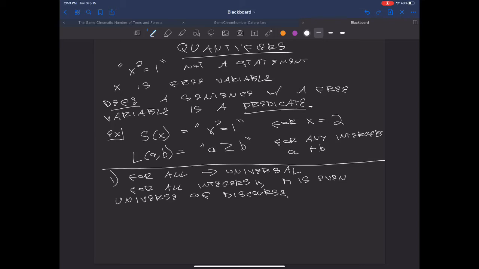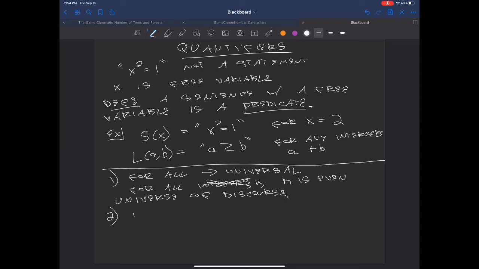In this previous case, it was for all integers, so my universe of discourse is integers. But if I had just left off the integers and said for all n, it's unclear what my universe of discourse is. So you need to make sure that your universe of discourse is clear to your reader. For all just says, for anything within my universe of discourse, this predicate.